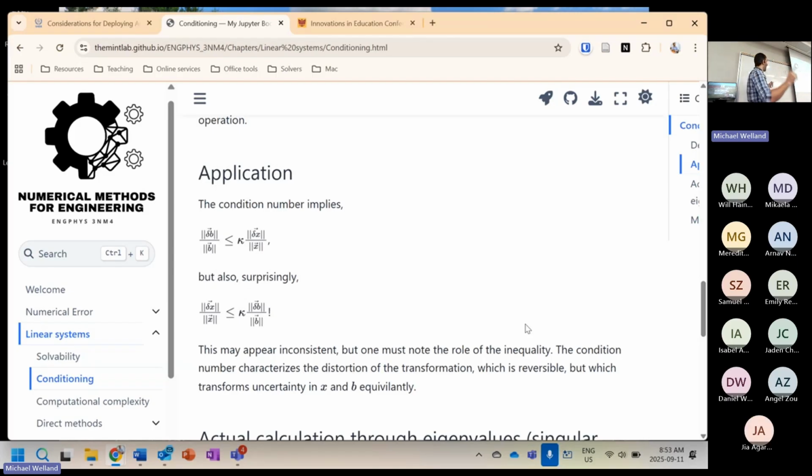So what happens, kappa being 1 means that the difference between this guy and this guy is the same, is 1. This wouldn't actually happen, by the way that I drew this, but kappa being 1 means basically that the transformation is a certain type of transformation. It means a very simple transformation.